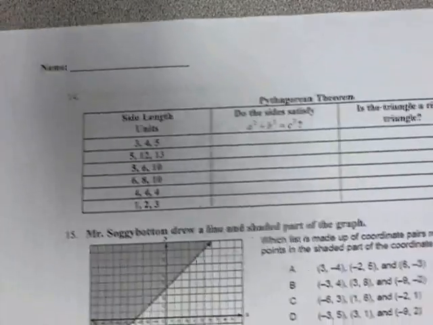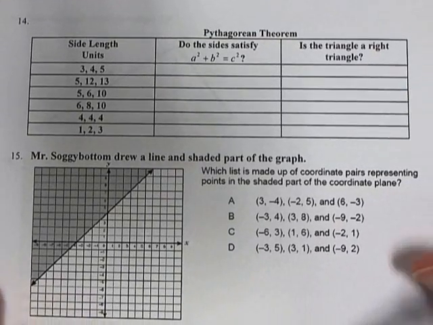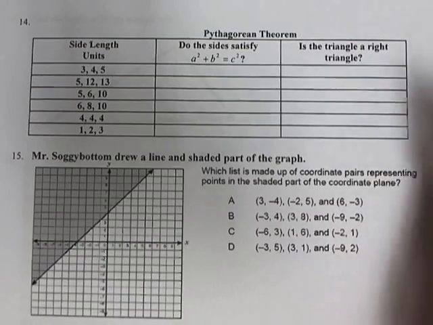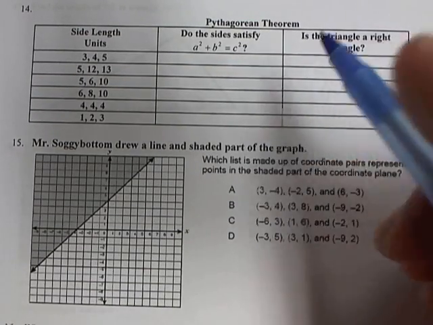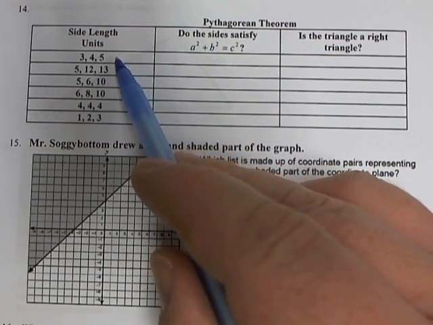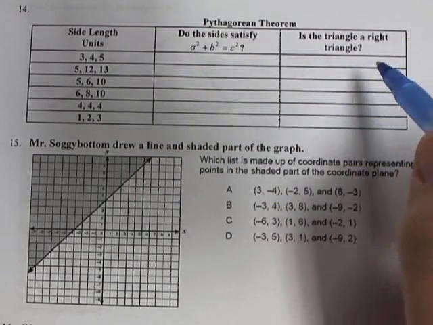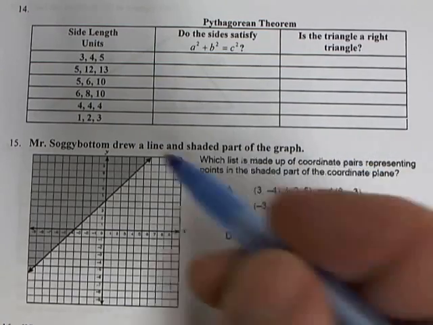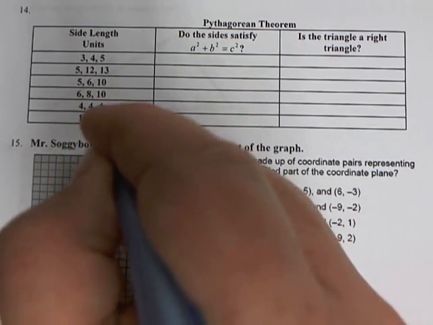Number 14. Pythagorean theorem. Do the sides satisfy a squared plus b squared equals c squared? If it does, then yes, it is a right triangle. Tell you what, let's cross off some of these.